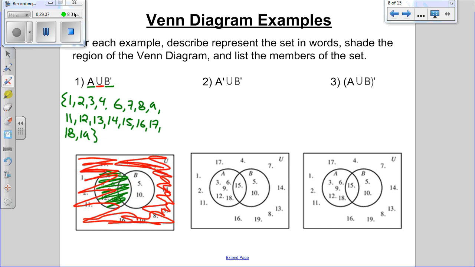It would be part of B, but it was part of A. So it'd be anything in A or anything not in B. So I included 15 because it was or. If it had been and, then I wouldn't include 15. That answer the question about or? So if you're shading, it's anything that the shading is touching is what or means.